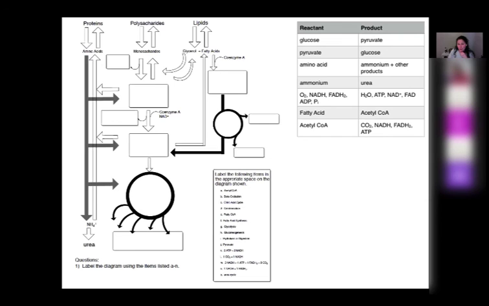So another really great way to study is to draw your own diagrams and make sure that you have filled in all the details from chapter 12. Then we also need to understand what each one means. So for example, if you know that polysaccharides to monosaccharides is a hydrolysis reaction, you also need to know how to draw that hydrolysis reaction just to kind of check all your boxes.